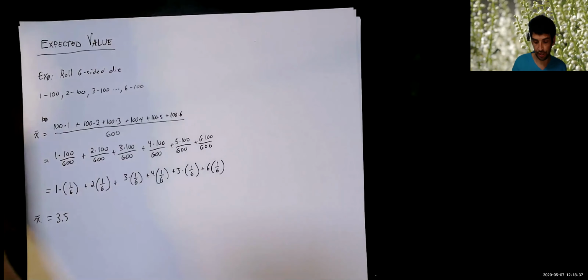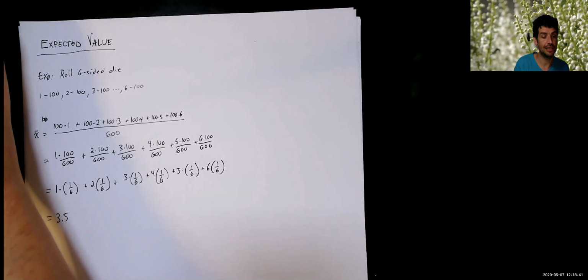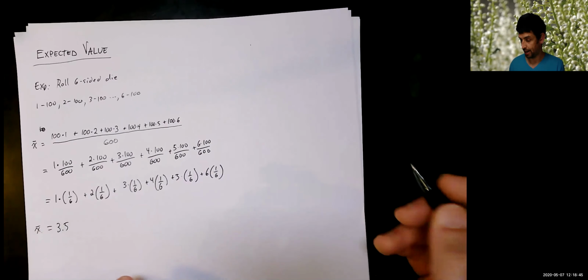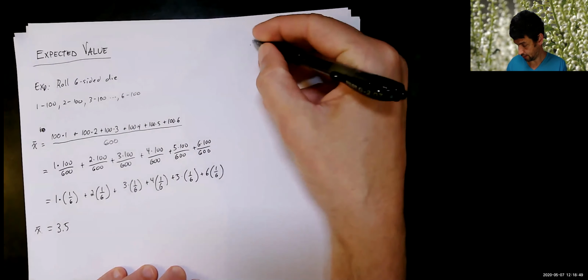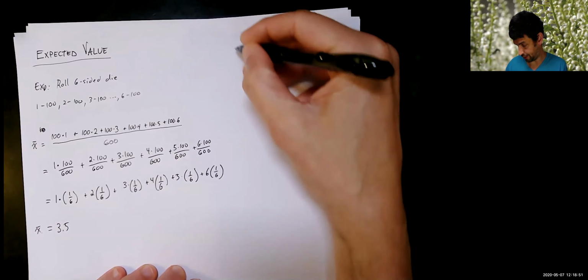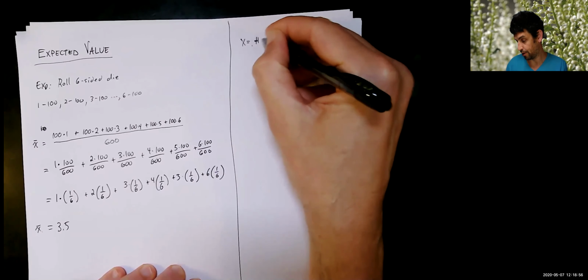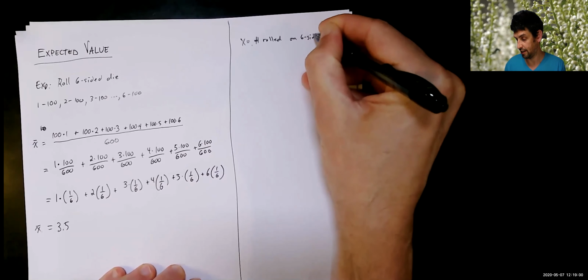So before we write that down, I want to notice something. Let's connect this to a random variable. Let's make the random variable x the number rolled on our 6-sided die.